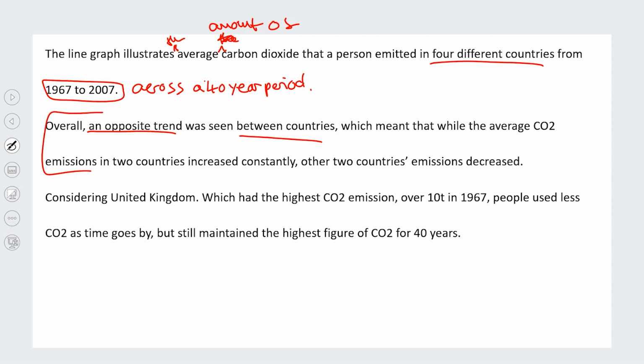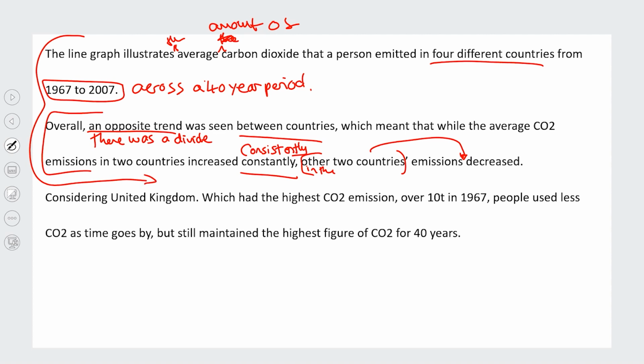I would say something like, overall, there was a divide between countries, which meant that while the average CO2 emissions in 2 countries increased, I would say consistently rather than constantly, because we don't know if it was constant. It was consistent, like it kept happening. Emissions in the other 2 countries decreased. Okay, I would have liked to have seen these in one paragraph together, your paraphrase and your overview, but I think that's fine.